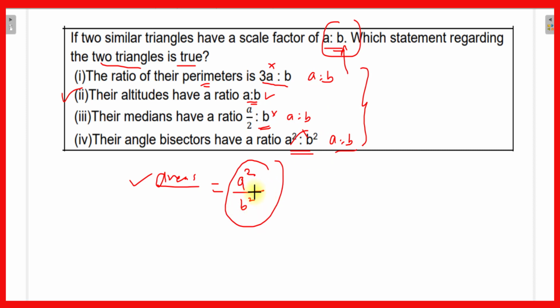But as far as the ratio of areas is concerned, it will be the square of the scale factor, that is (A by B) squared, and if it is 2:1, then the ratio of the areas of two similar triangles will become 4:1. This is a little bit difficult question, but out of the 5 questions you have to solve 4. So at least if one is difficult, the other 4 will be easier.